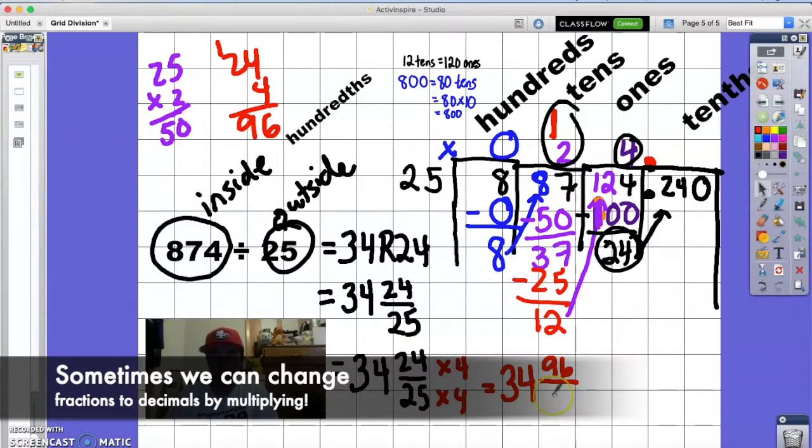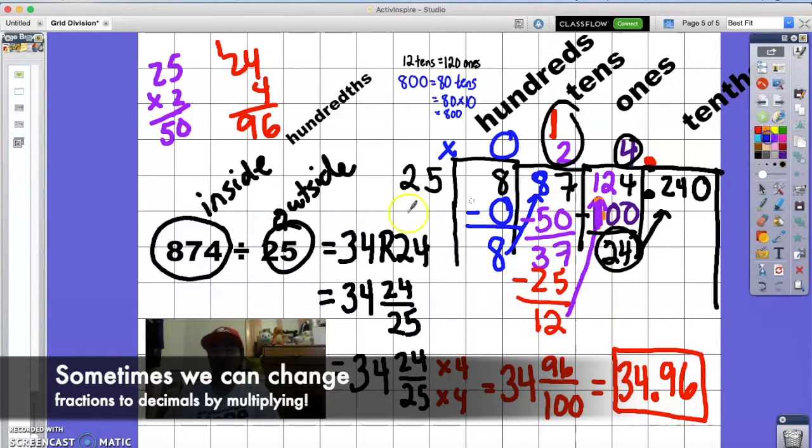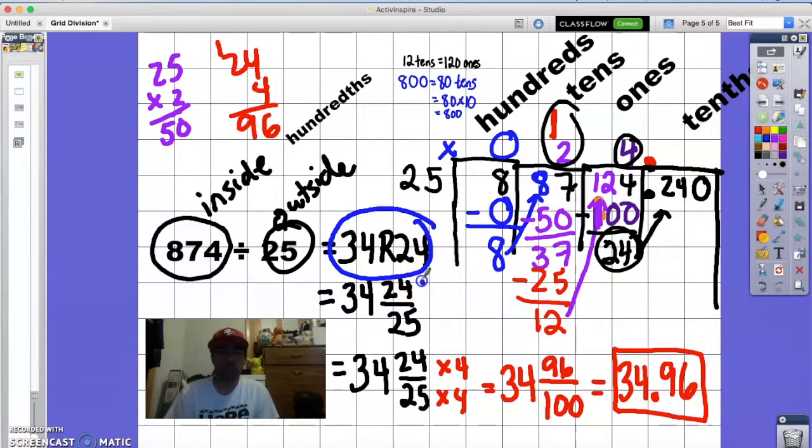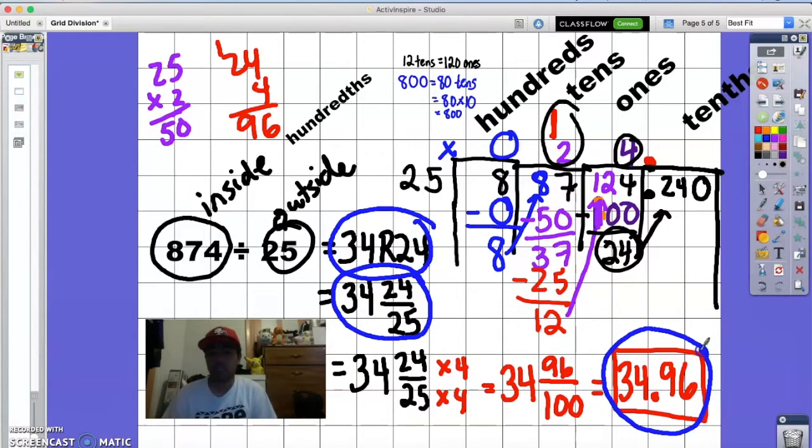And then 25 times 4 is 100. So wait, this is 96 hundredths. And so that's basically 34 and 96 hundredths. Okay? So basically 3 answers. If you need a remainder answer, this is one answer. If you need a mixed number answer, here's that answer. Or if you need a decimal answer, there's that answer.